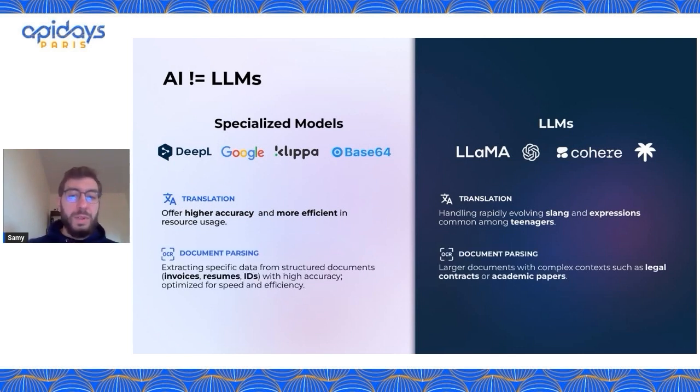Same thing for document parsing. I've seen a lot of people doing OCR plus some kind of parsing with LLMs to extract information from invoices, resumes, or ID documents, which doesn't make much sense because there are a lot of super specialized providers in the cloud creating APIs and AIs especially for this purpose.